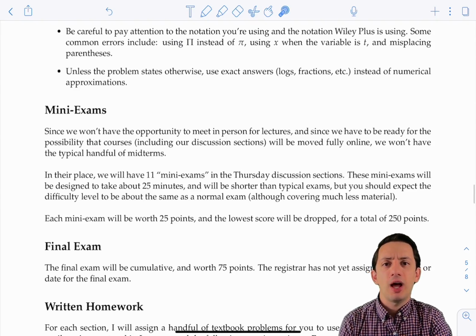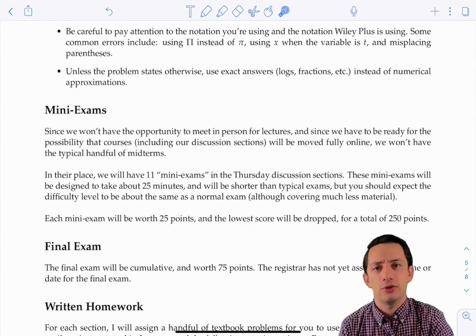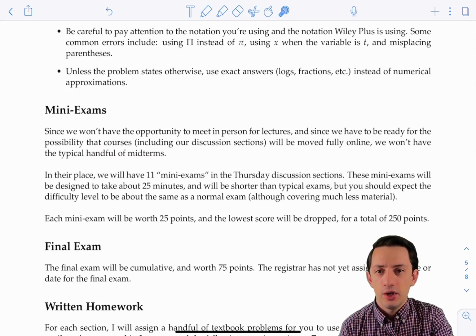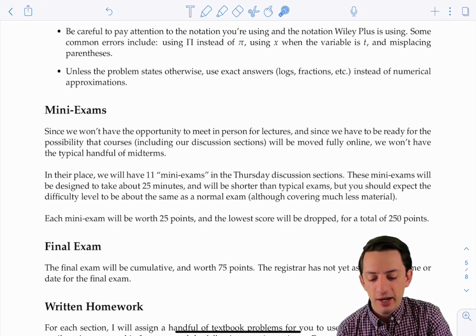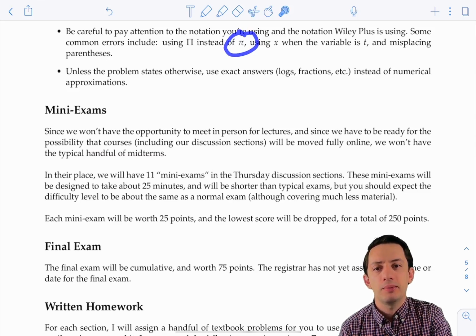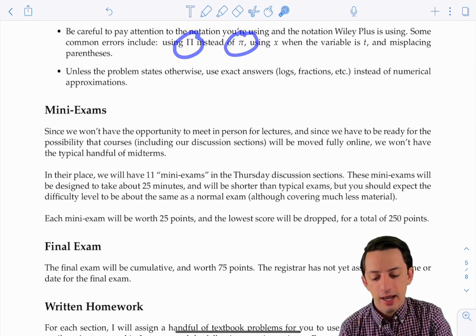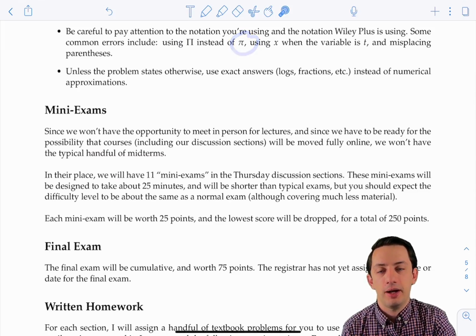What probably catches up a lot of students the first time they try an assignment is making sure that you're matching the notation that they use. So, for example, you might have problems where you need to use the number pi, and one common mistake would be accidentally using the uppercase Greek letter pi instead of the lowercase Greek letter pi.